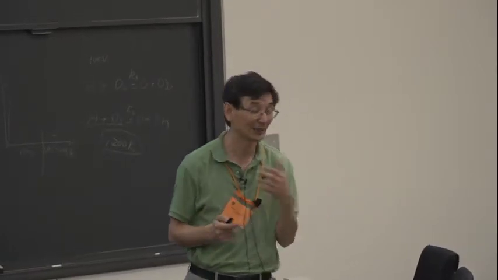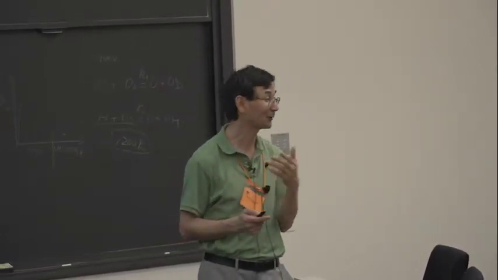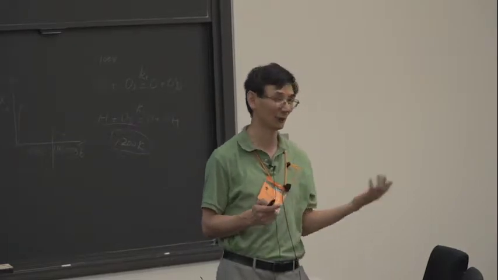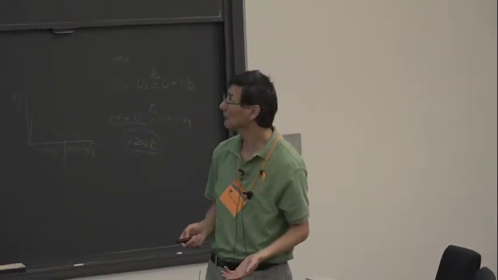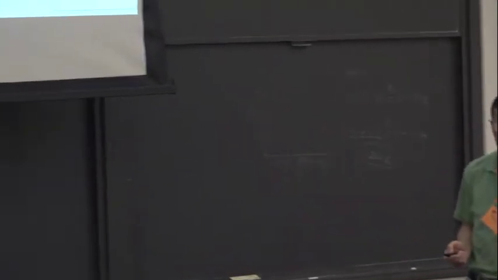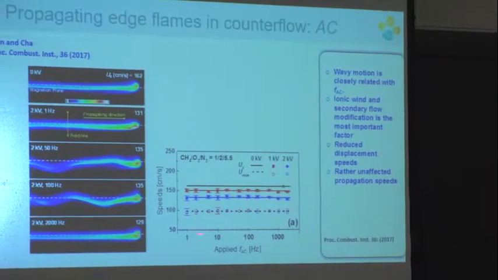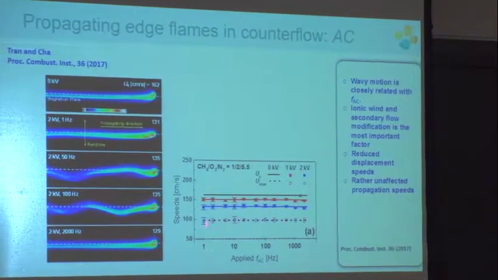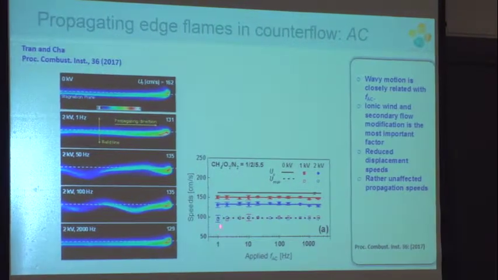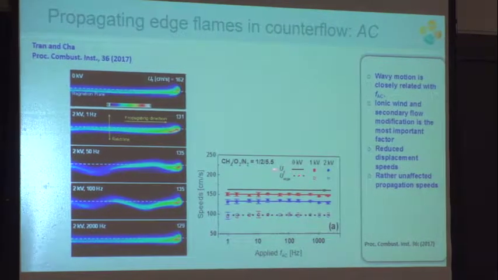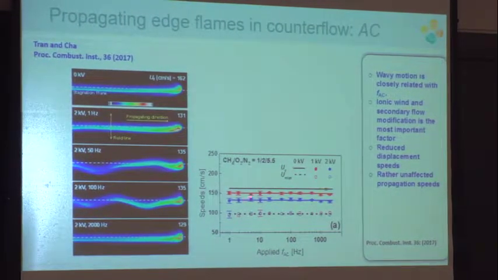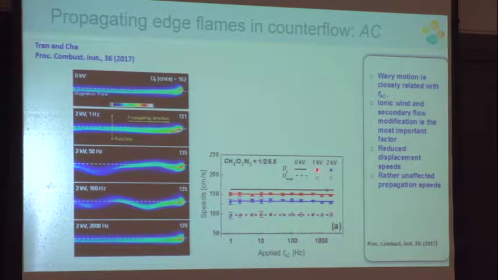So if you do this experiment, the result will be like that due to the heat transfer. It's very simple. And indeed, he did this comparison with AC and, I guess, probably different frequencies. Looking at the lower frequency, here is the displacement speed, and here is the speed with different voltage.